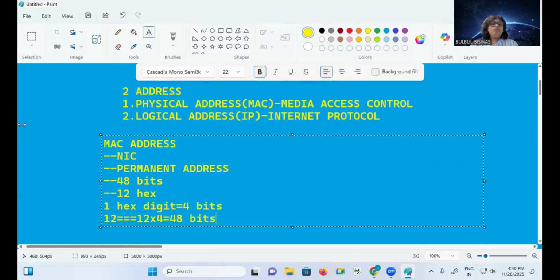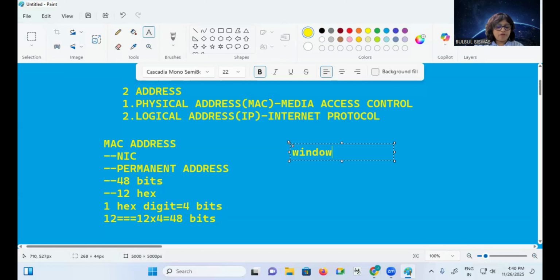And everyone, do you know how you can check this MAC address? You just press Windows plus R. Which button? Windows with R. Then type CMD and go to the command prompt, and just type the command getmac.